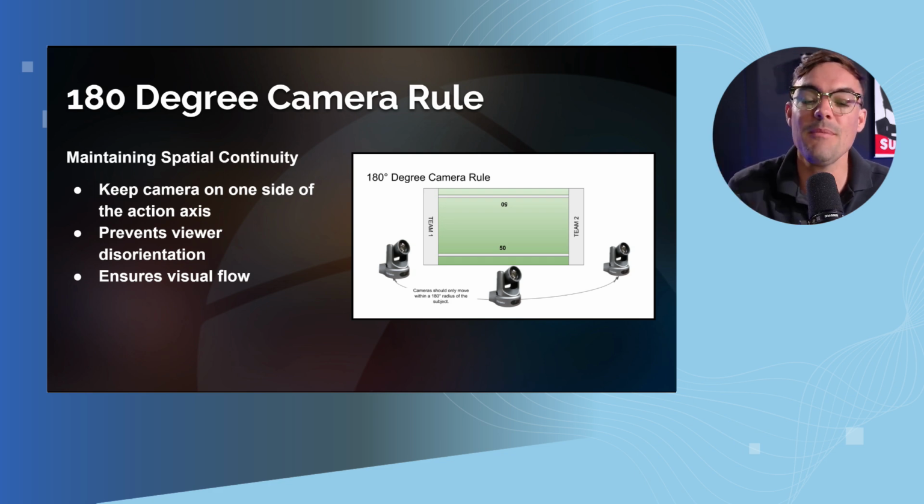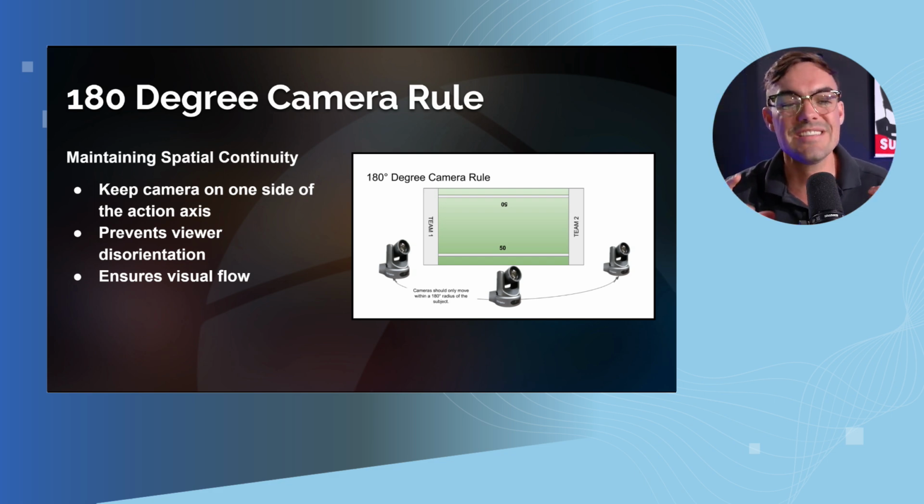If you randomly mix in one camera from the other side of the field, suddenly a play that was going left is now going right, and it confuses and disorients viewers. So the 180-degree camera rule ensures a natural visual flow.